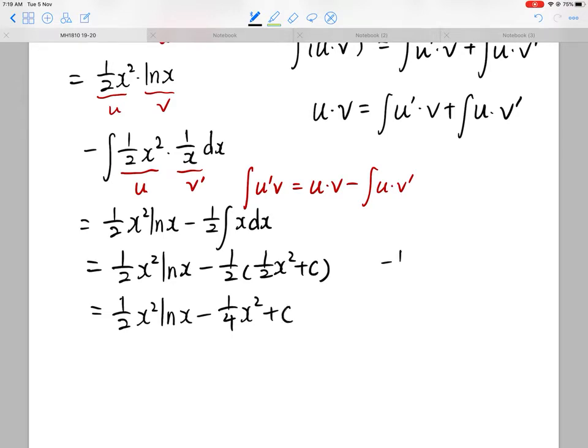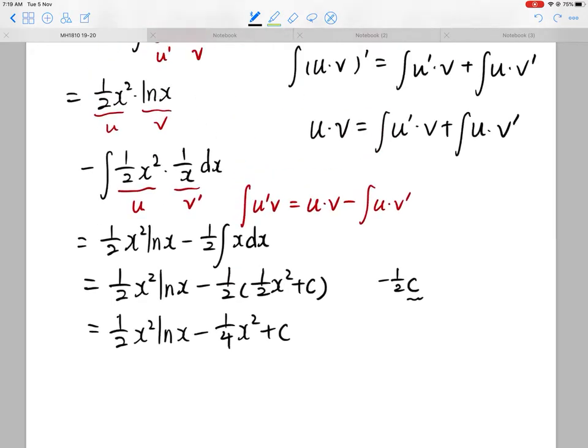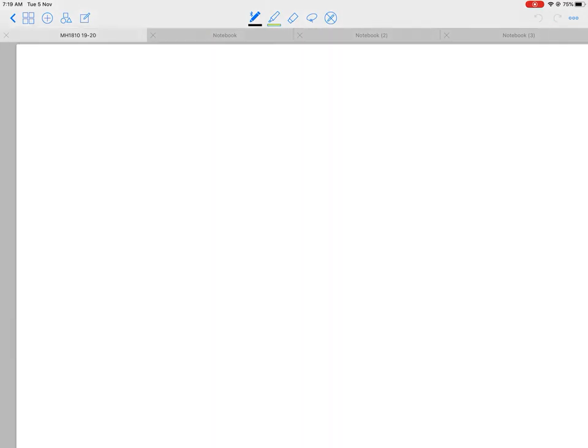It looks like it should be minus half c, but c is any constant, so minus half c is also any constant. So don't bother putting a minus half in front. It's just plus c. So this is a trick, the integration by parts.